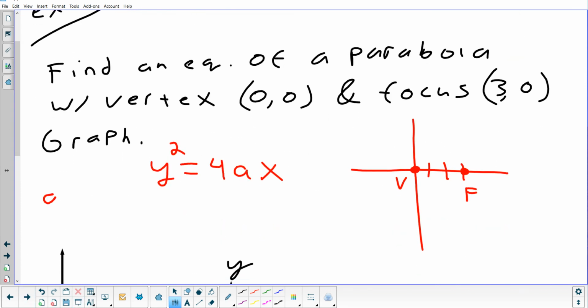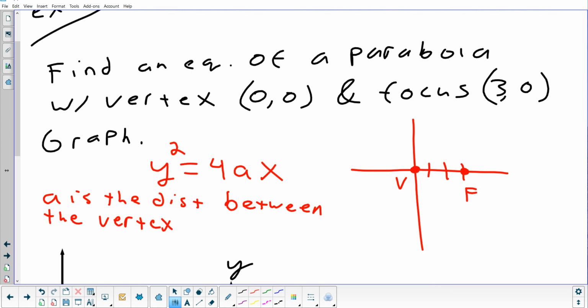So A is the distance between the vertex and the focus. And there's other ways to say that. You could say A is the distance between the vertex and the directrix. That's exactly the same thing.